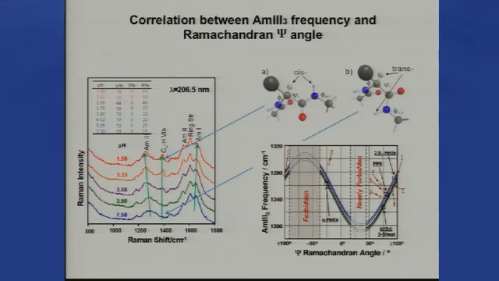And the reason why there's such a strong conformational dependence can be seen from these two figures. The peptide bond has motion involving CN stretching and NH bending and C alpha H bending.